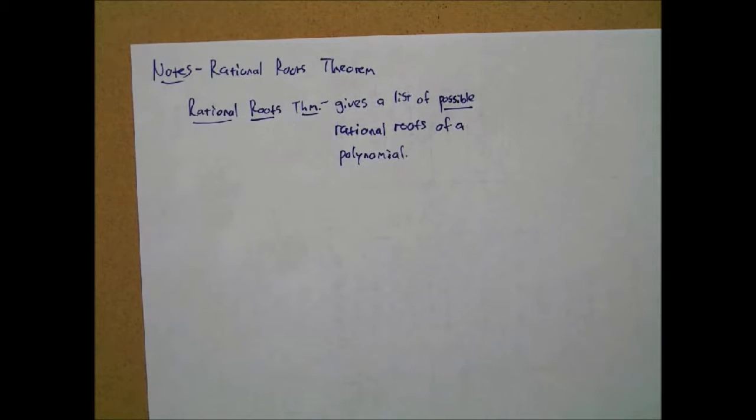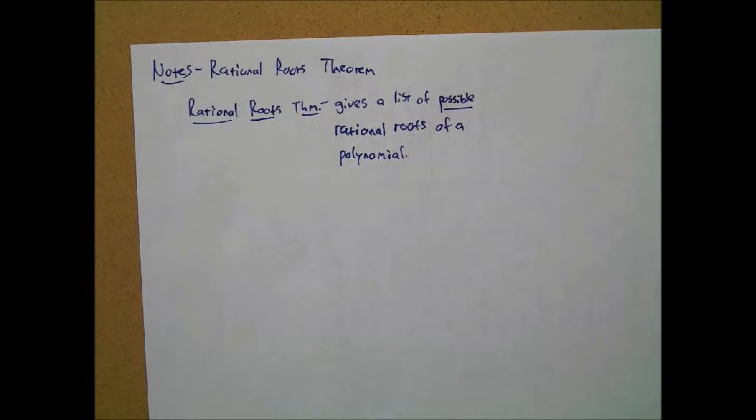Rational refers to the group of numbers known as the rational numbers. Rational numbers can be written as fractions, a over b, where a and b are both integers. So, 1 over 3. 10 is a rational number because it's 10 over 1.